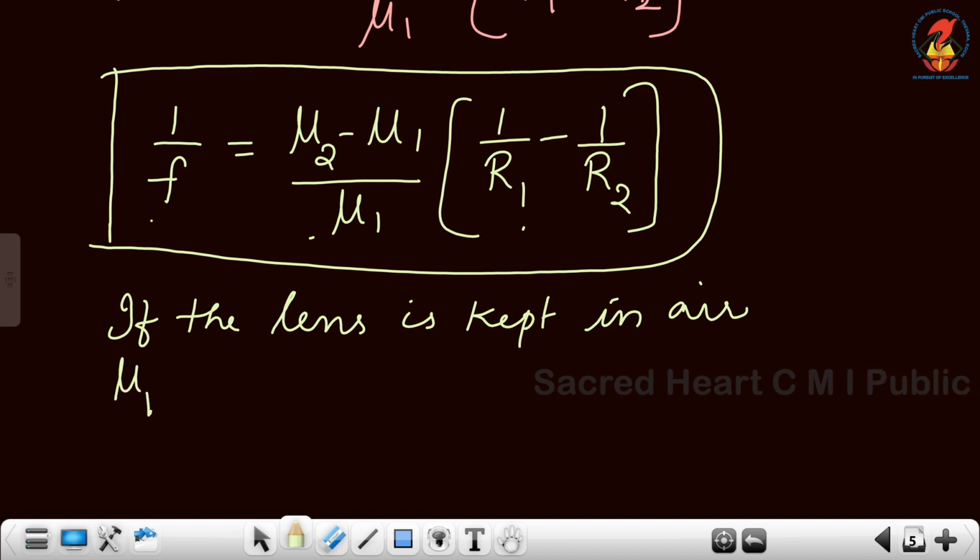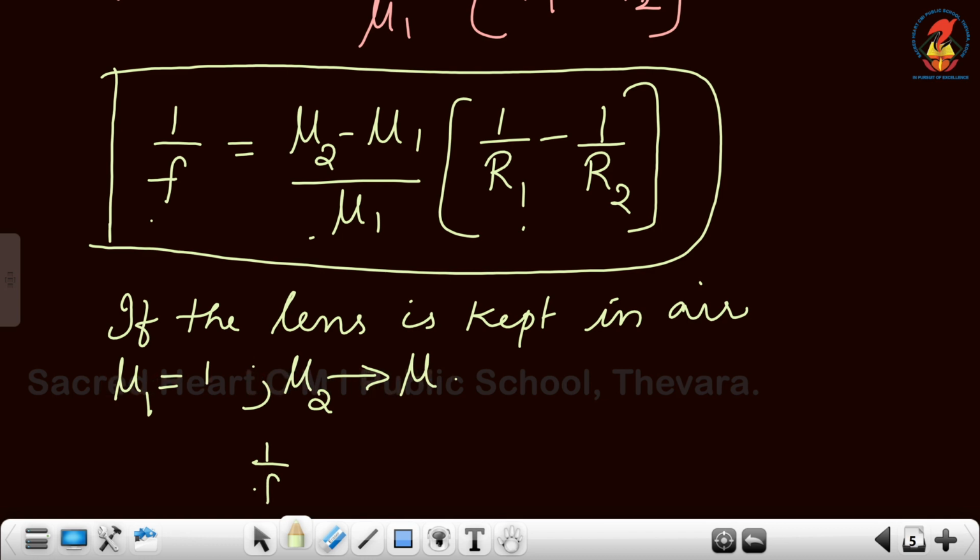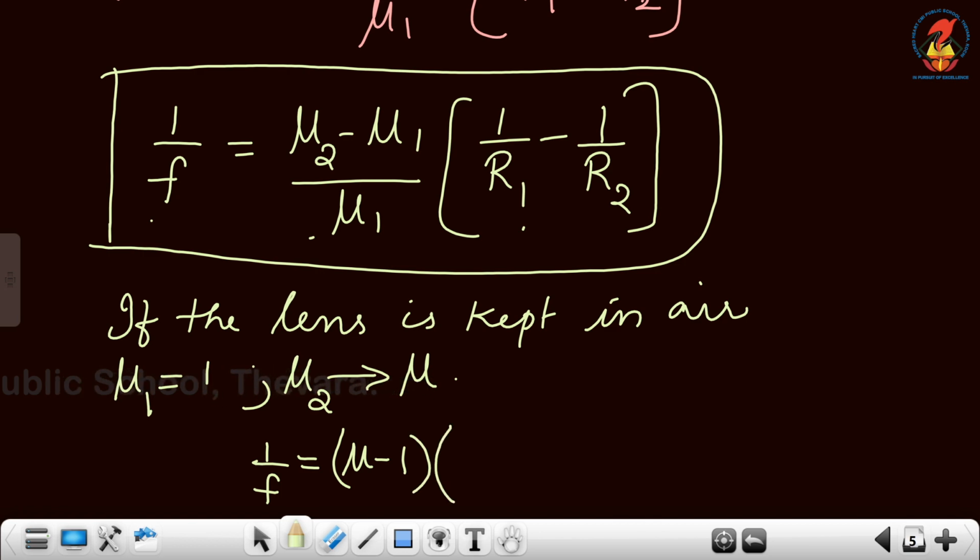So, mu1 becomes equal to 1 and mu2 can be written in general as mu. So, the equation can be written as 1 by F is equal to mu minus 1 by 1 into 1 by R1 minus 1 by R2.